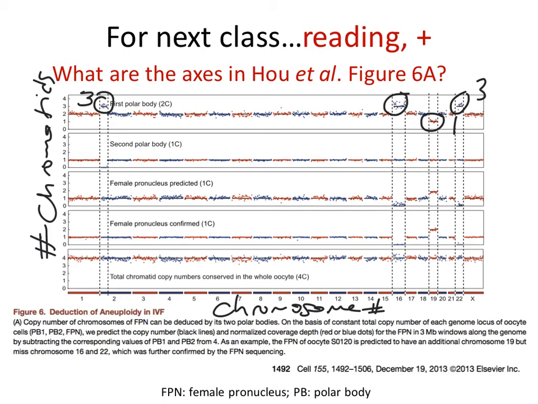So if the first polar body has these issues, where did the extra chromosomes either come from or go to? Because I guarantee you that first cell before the first division started with 4 copies of every chromosome. So where are we going to find deficiencies? So what do they do next?